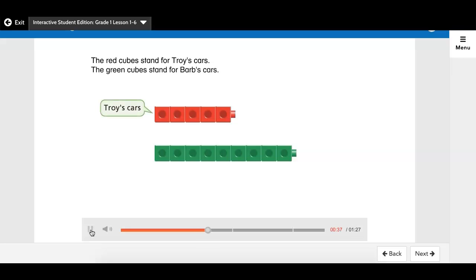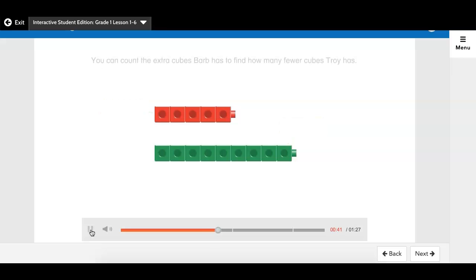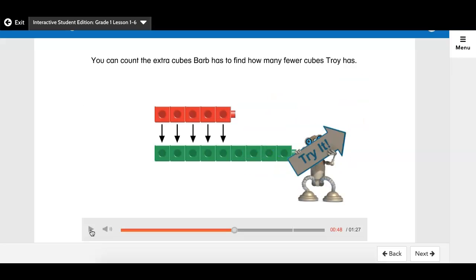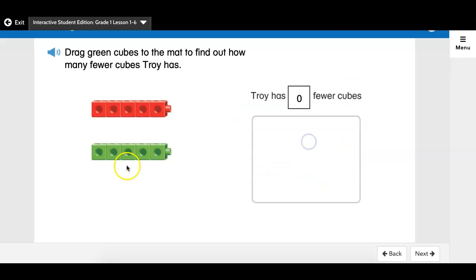The green cubes stand for Barb's cars. You can count the extra cubes Barb has to find how many fewer cubes Troy has. Drag green cubes to the mat to find out how many fewer cubes Troy has. Troy has fewer cubes.